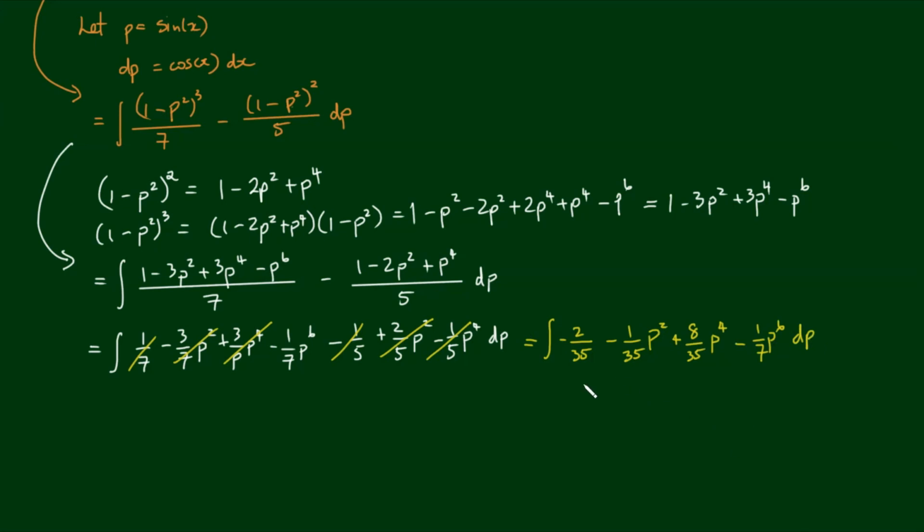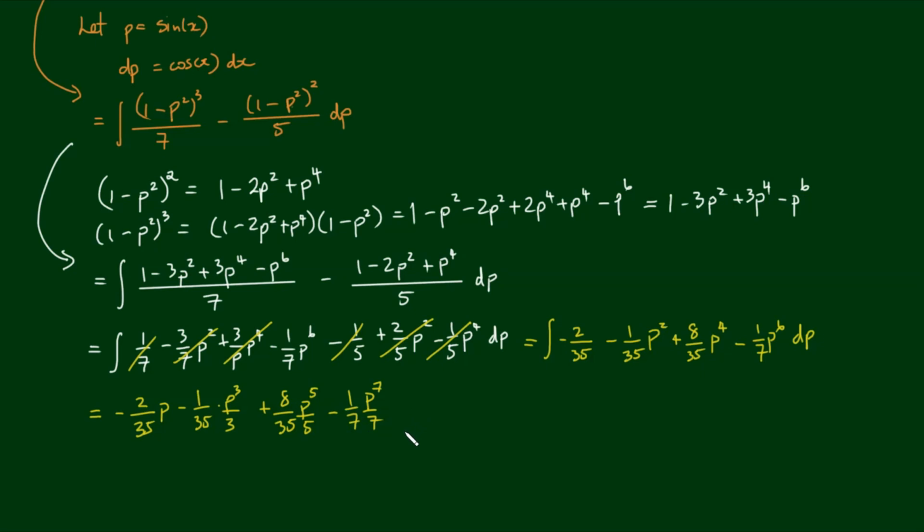Okay, so as I've said, we've only got now powers of p to integrate. So now we have the result of this integral is negative 2 on 35 times p minus 1 on 35 by p cubed on 3 plus 8 on 35 by p to the 5th power on 5 minus a 7th times p to the 7th power on 7.